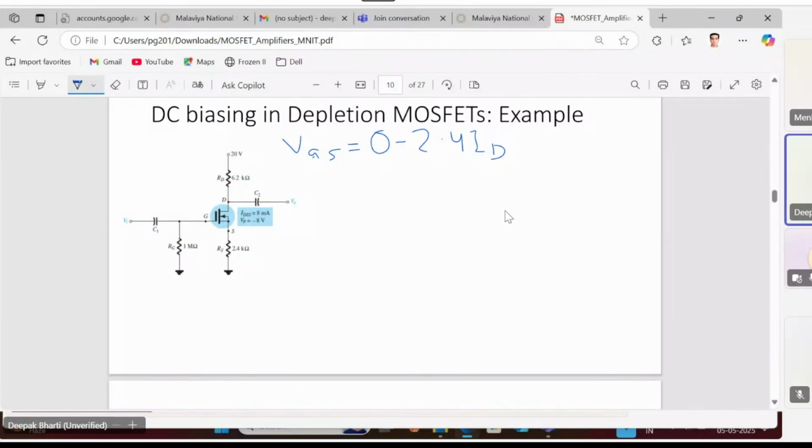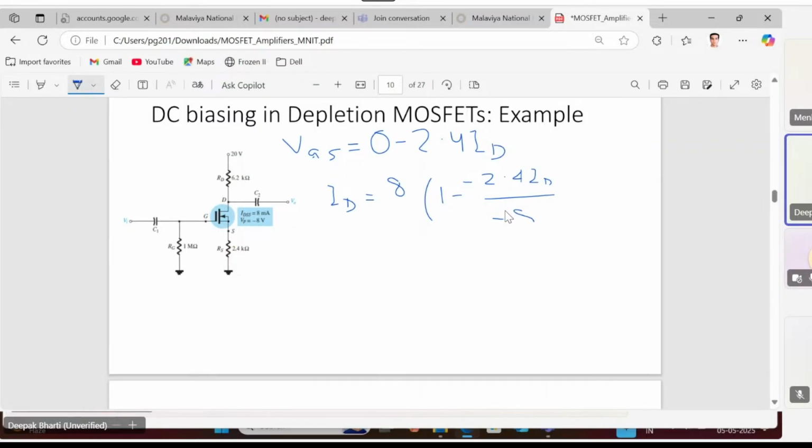Now we have to substitute this VGS in the Shockley's equation, that is the device equation. It was ID is equal to IDSS. What is IDSS for the given device? IDSS times 1 minus VGS, and I am directly writing VGS as minus 2.4 ID, upon VP.